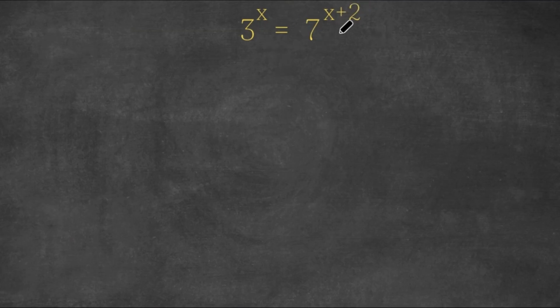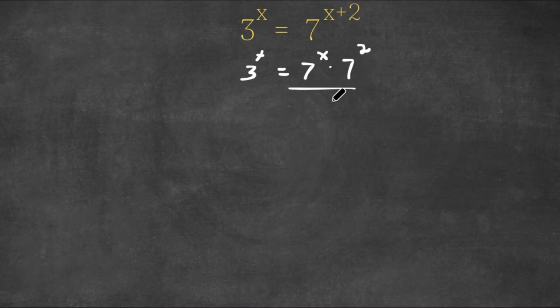Now, 7 to the power of x plus 2 can be rewritten as 7 to the power of x times 7 squared. So now we have 3 to the power of x is equal to 7 to the power of x times 7 squared.